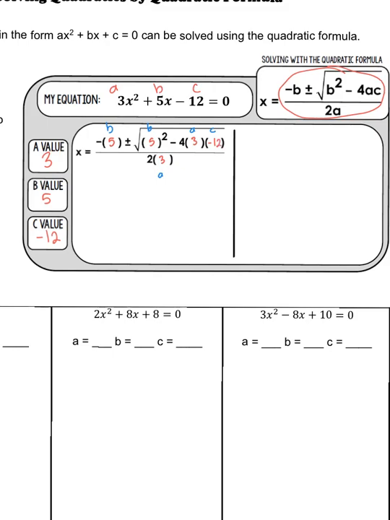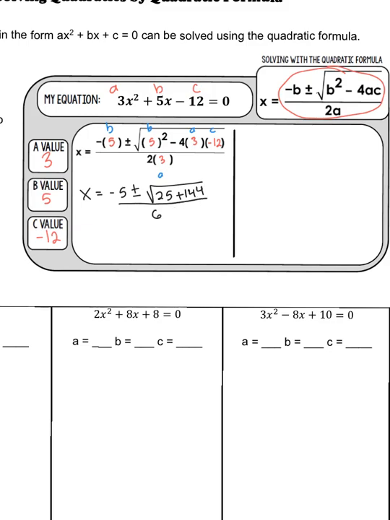Okay, so we are going to simplify that down. I'm just going to rewrite what I have here, and I'm just going to continue to simplify it as much as I can. So 5 squared is going to give us 25, and then if I multiply 4, 3, and -12, I get -144, and we've got two negatives there, so it's going to turn positive, and all that's divided by 6.